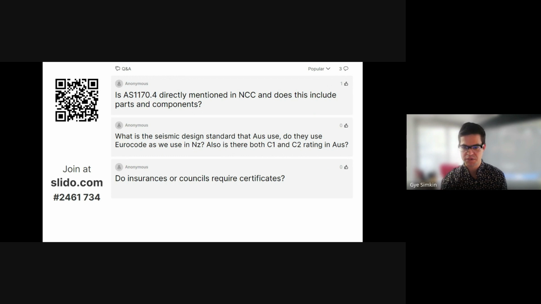It sounds like this question is more related to concrete anchors. It mentions C1, C2 rating here. So C1 and C2 terminology, that anchor idea, is definitely used in Australia like it is in New Zealand. And that does link back to the various standards where the C1 and C2 came from.